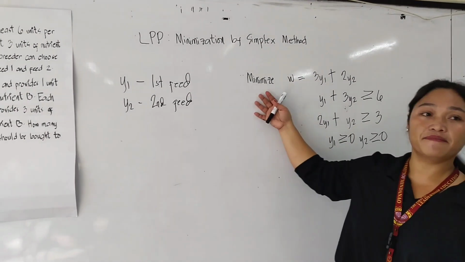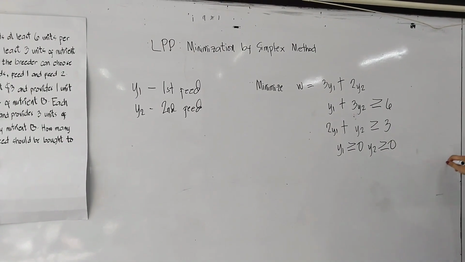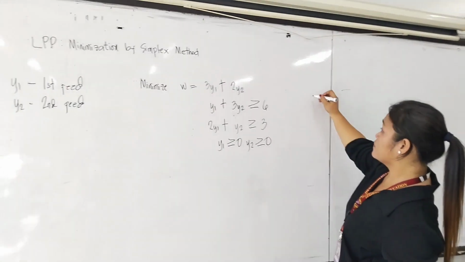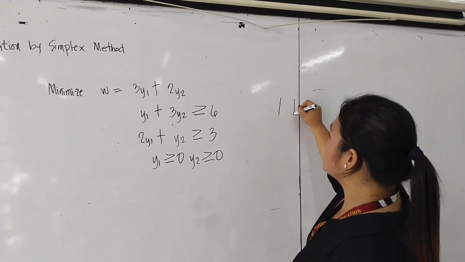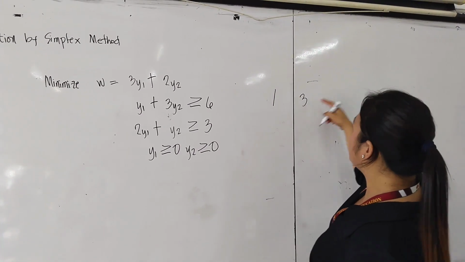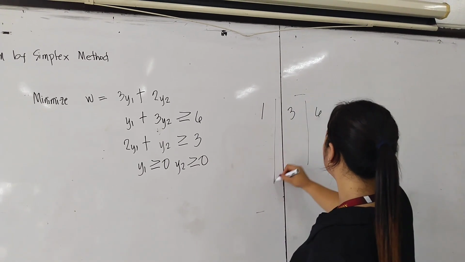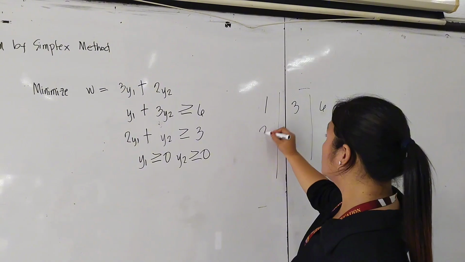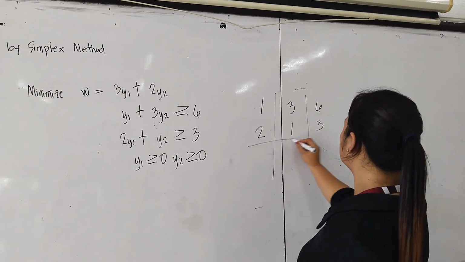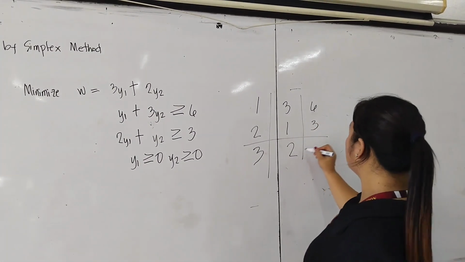So we have to put it in a matrix table: 1, 3, 6, then 2, 1, 3, then the cost row 3, 2, 0.